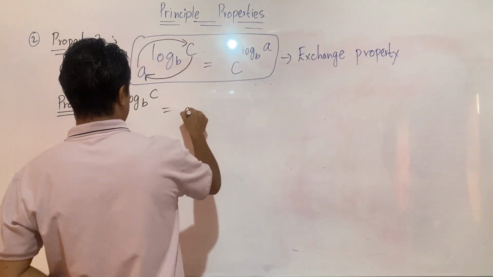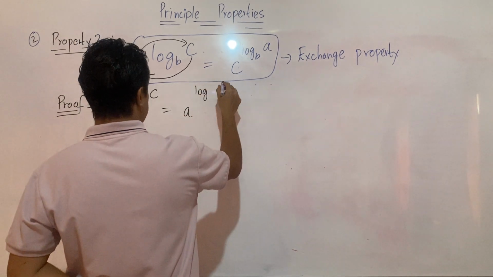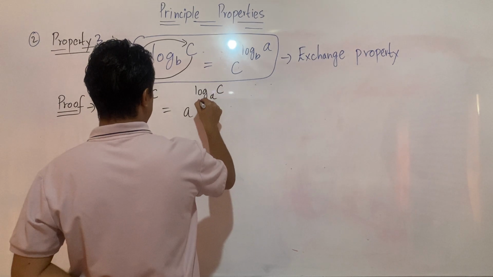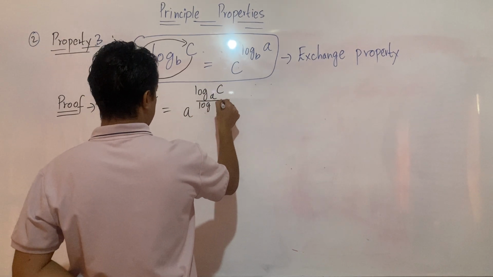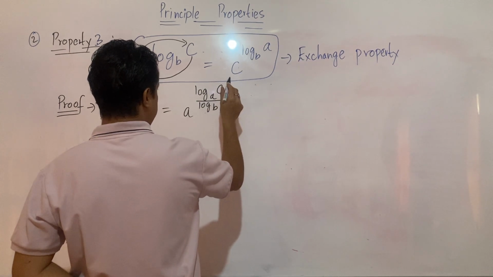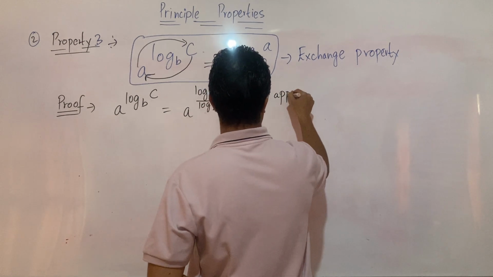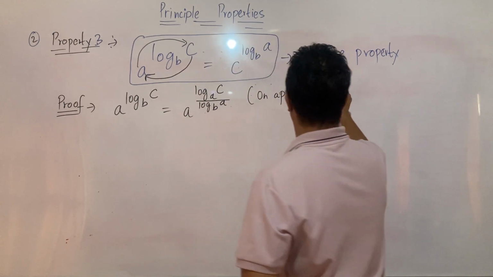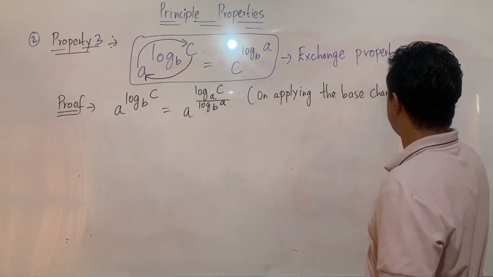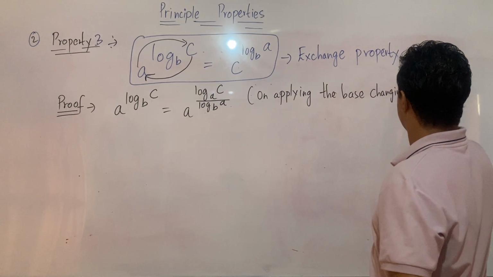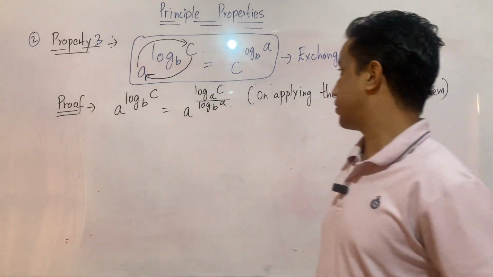Here would be a, and here log c base a by log a base b, right? Here you can say applying the base changing theorem.